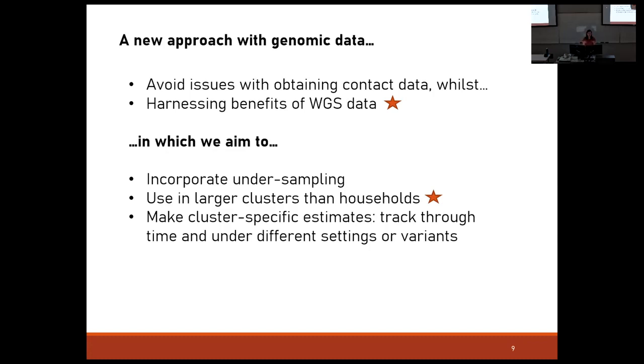So we're thinking in an intermediate regime where we have a good idea of what's going on, let's say like a school outbreak or a workplace outbreak, but we may be seeing 50% of cases or less. And we're going to try and, again, use this approach to make cluster-specific estimates. So can we compare estimates of the serial interval in different settings or through time under different COVID-19 variants, for example?